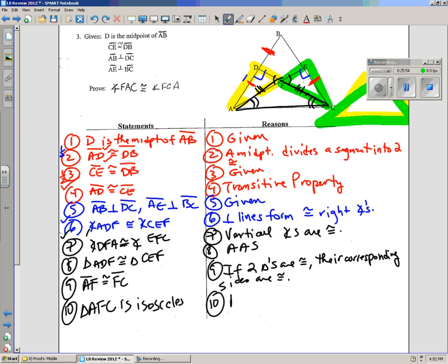So step 10 is, well, an isosceles triangle has two congruent sides. And now we can explain why the angles are congruent.